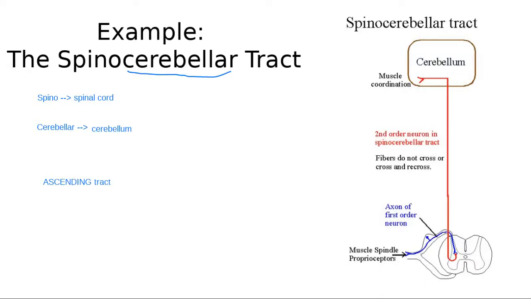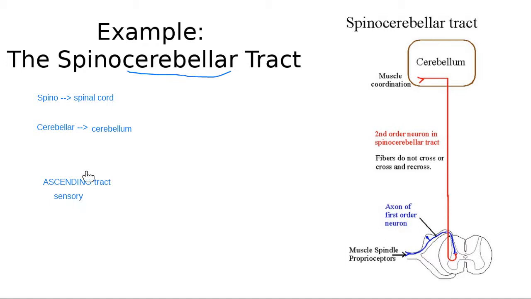And remind me, with ascending tracts, what kind of information do I send in an ascending tract? Yeah, ascending tracts, like Nicole mentioned, those are sensory tracts. This is another example of sensory information being sent upward.